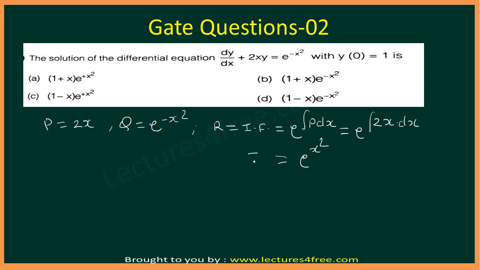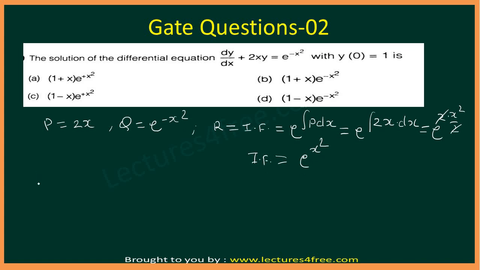This will be your integrating factor. You can write it like e to the power 2 into x square by 2, so this 2 will cancel and the integrating factor is e to the power x square.